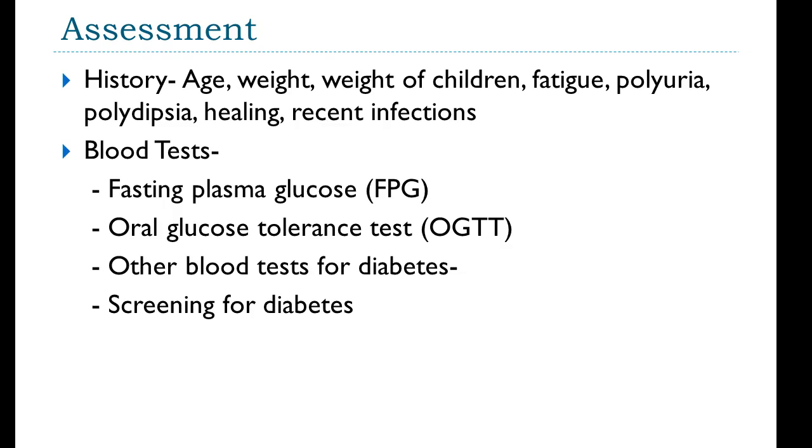And then obviously another type of test is urine testing, where they can look at ketone bodies, the product of fat metabolism. The presence of moderate to high urine ketones indicates a severe lack of insulin, okay?